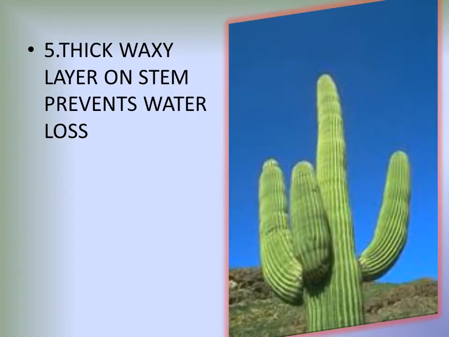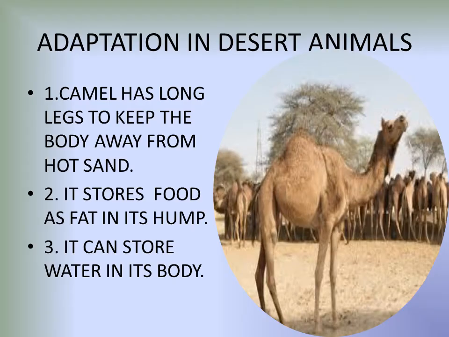Then we will talk about desert organisms. Let's take the example of the camel. The camel is the best example of a desert animal and how it can survive. It also has some adaptive features.